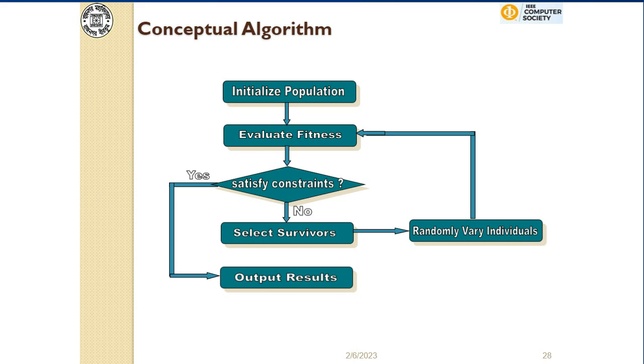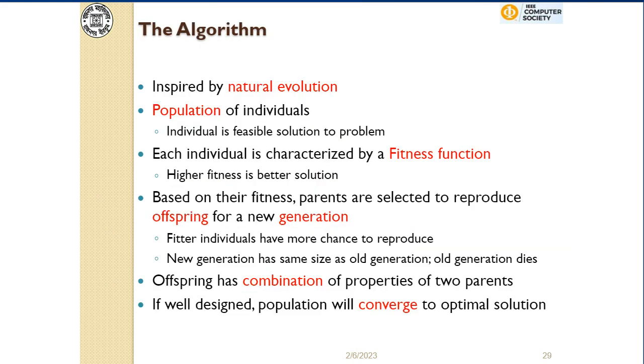Finally, at the end, you end up with some outcomes which are very relevant and which will give you some idea regarding the optimal solution for that particular problem. So it is actually inspired by natural evolution, survival of the fittest, and you start again with a population of individuals.